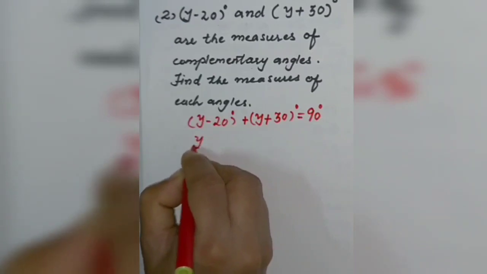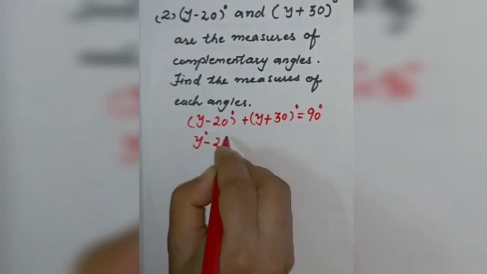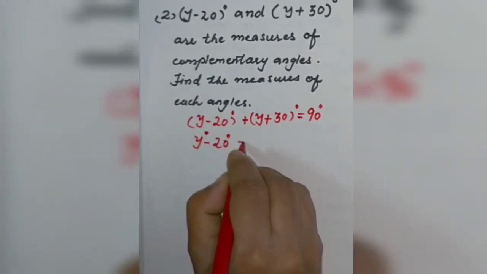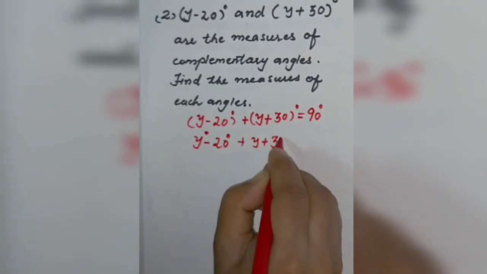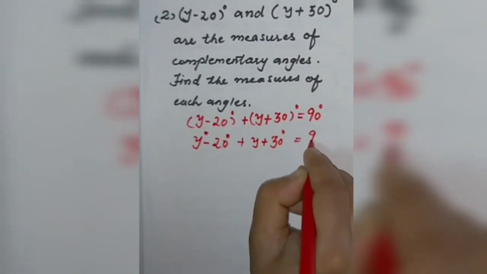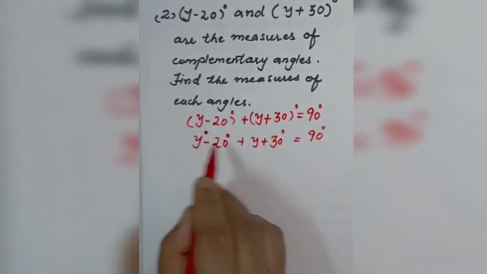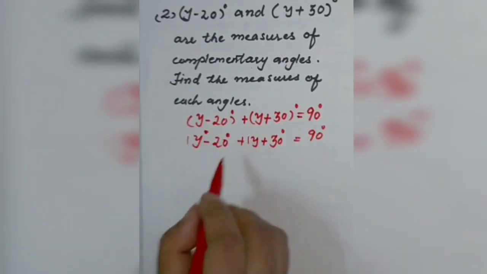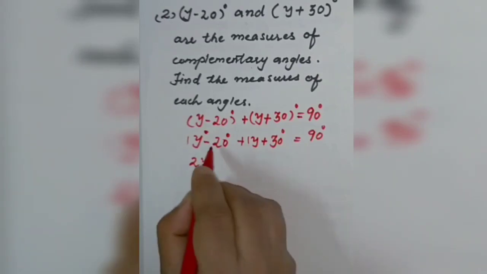Now first we are opening the bracket: y minus 20 degrees plus y plus 30 degrees is equal to 90 degrees. Now the y terms, 1y and 1y, 1 plus 1, 2y.